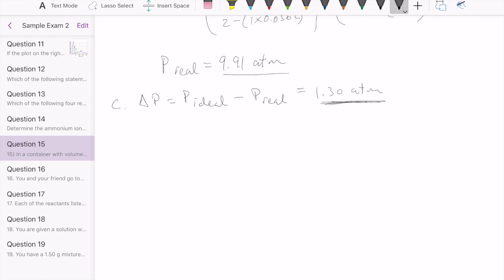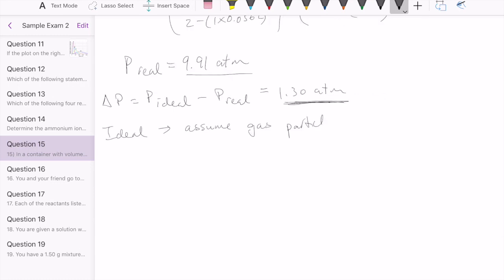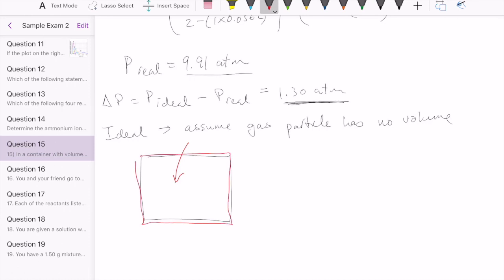So remember that the reason a gas deviates from ideal gas behavior is because in the ideal case, we assume that the gas particle has no volume. And the reason we can make that assumption is because if we look at the container relative to the size of the gas particle, considering the size of the container is this big, you can pretty much say that that gas particle doesn't take up a whole lot of volume.